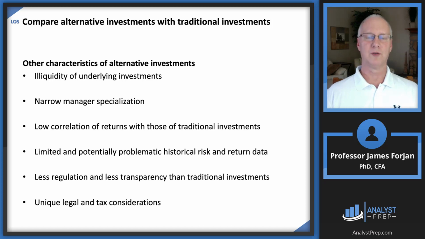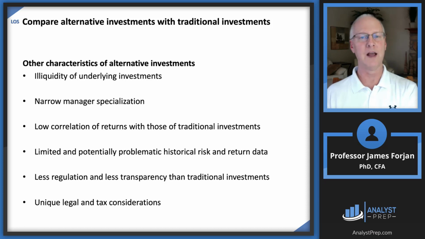Alternative investments are also characterized by less transparency and less regulation. Here's a great example. Did you read just the other day, Jerry Seinfeld sold one of his Porsches for well over $1 million, and the people who bought it claim that it's a forgery. I know that the actor Steve Martin bought a forged painting. Of course, when you buy a share of stock on the floor of the New York Stock Exchange, that's pretty transparent.